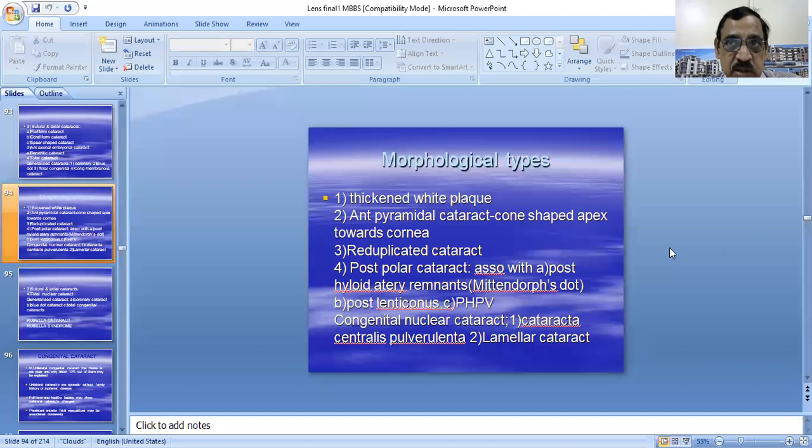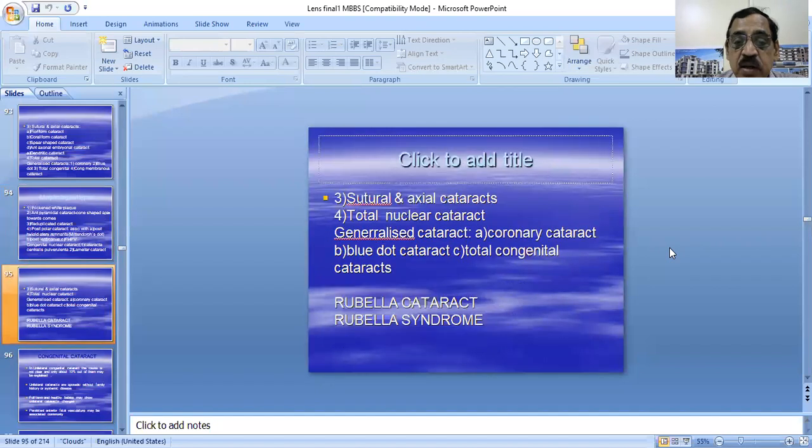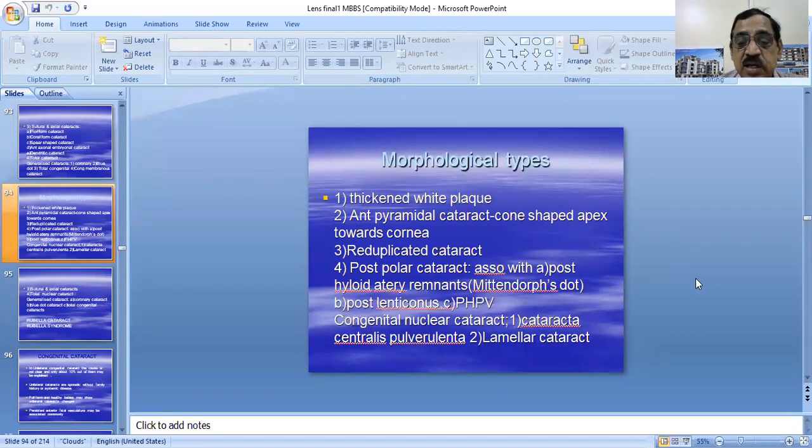Among congenital nuclear cataracts, you have cataracta centralis pulverulenta, lamellar cataract, sutural and axial cataract, and total nuclear cataract. Cataracta centralis pulverulenta has autosomal dominant inheritance, and the central embryonic nucleus is affected.